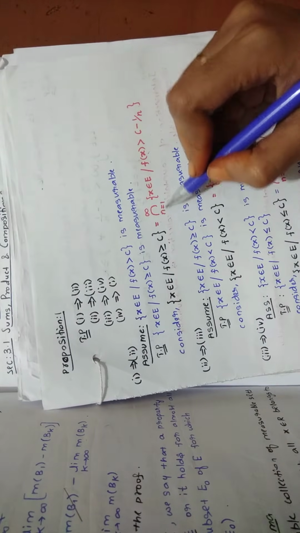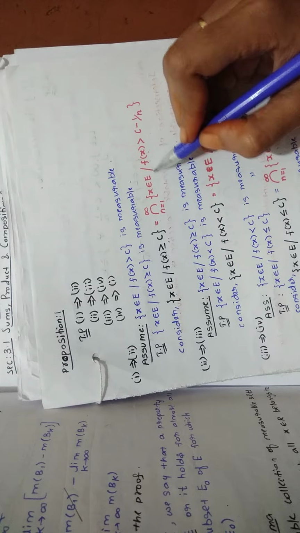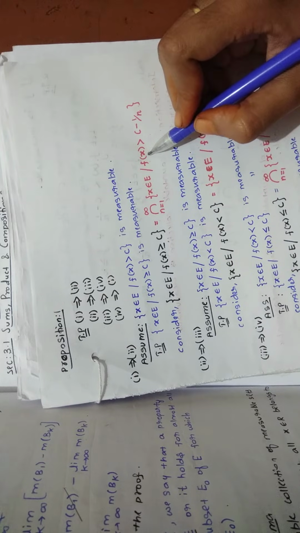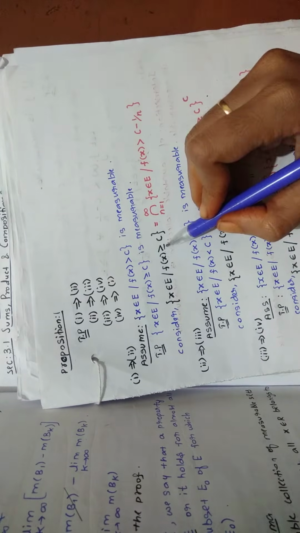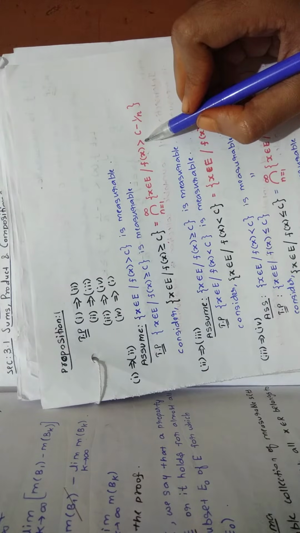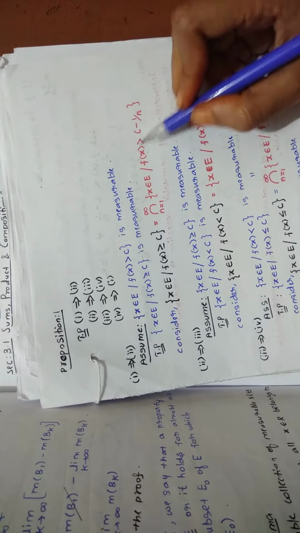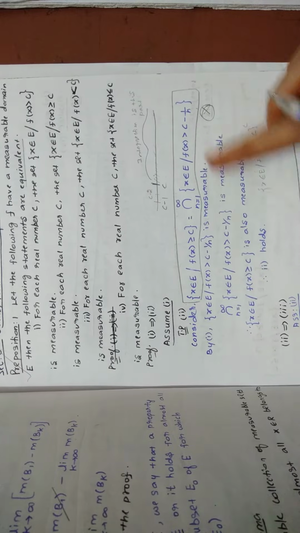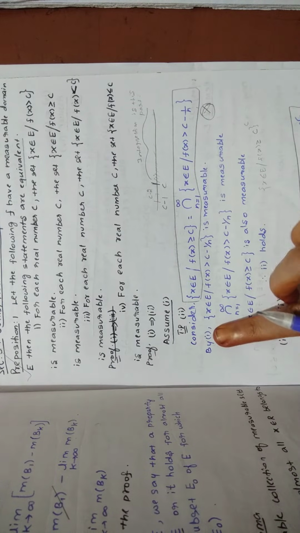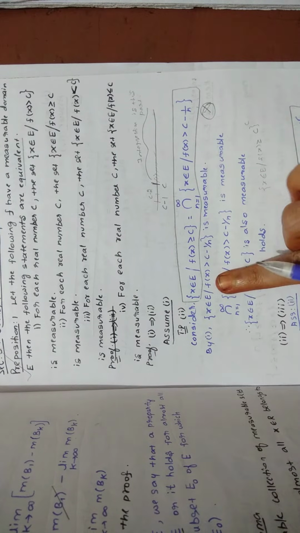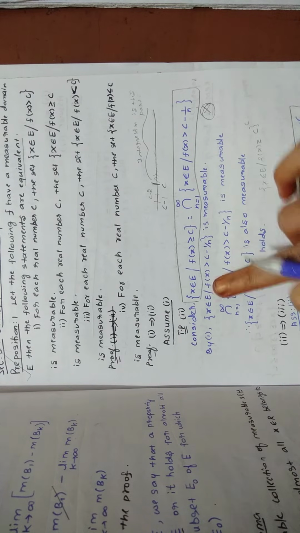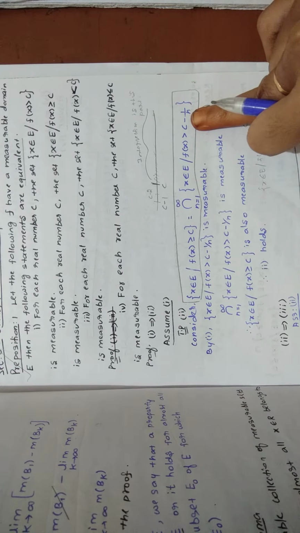This can be written as the intersection n equal to 1 to infinity of the set of all x belongs to E such that f of x greater than C minus 1 by n. If there is greater than or equal to, you have to put greater than C minus 1 by n. From the assumption, x belongs to E such that f of x greater than C minus 1 by n is measurable.